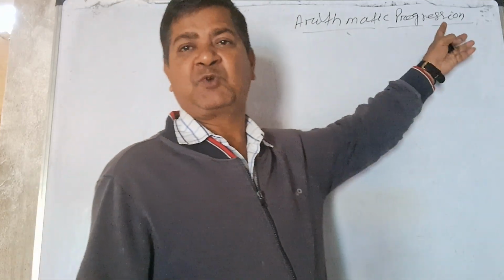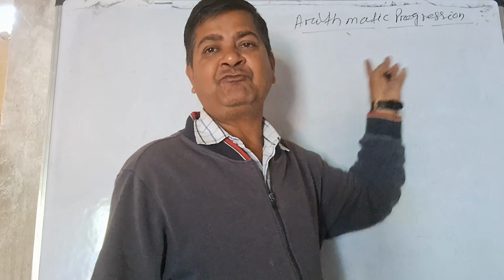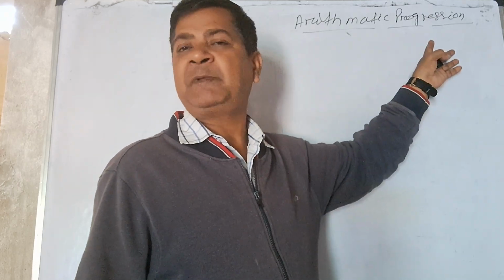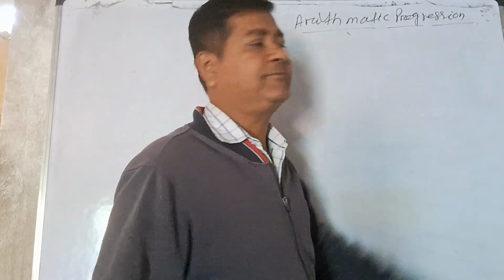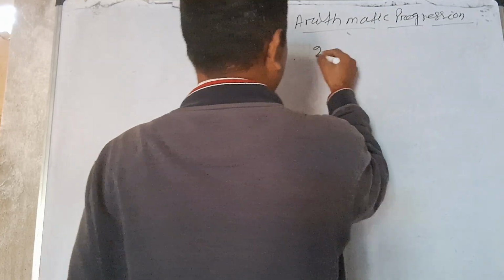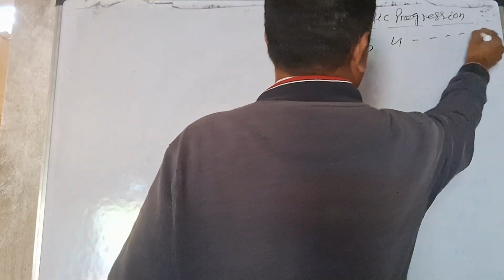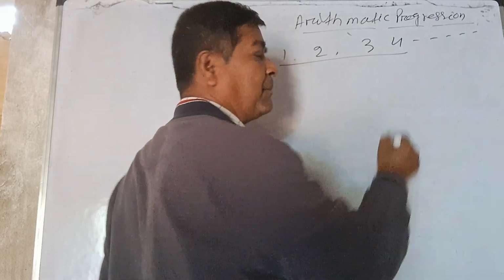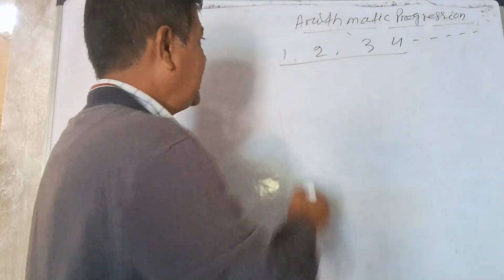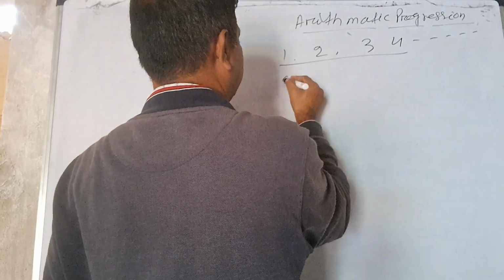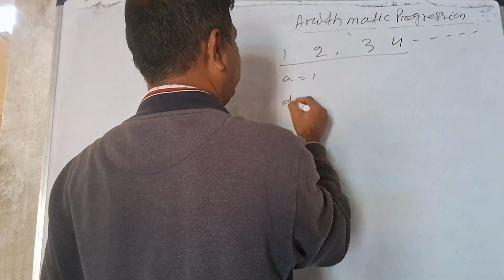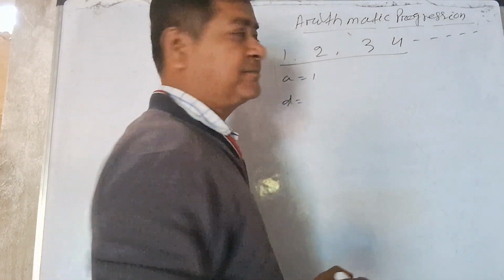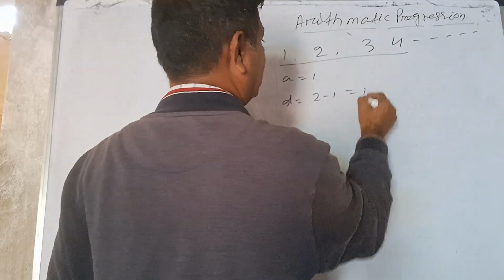That is your arithmetic progression. Difference will be the same. 1, 2, 3, 4. It is a number sequence. Here the first term a equals 1 and the common difference is 2 minus 1 equals 1.